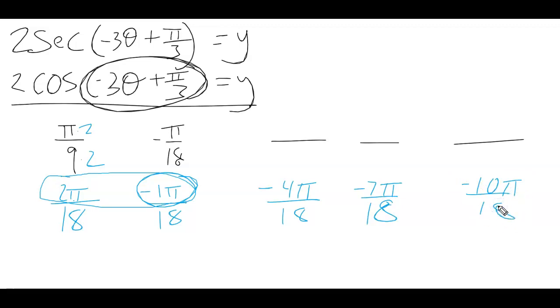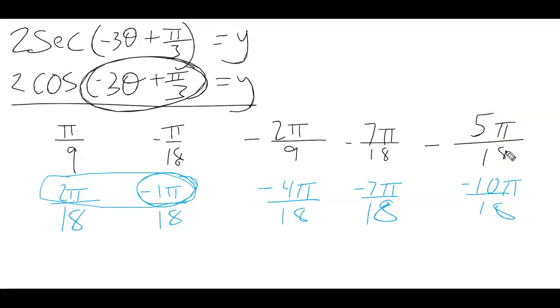And we want to reduce these where possible. Okay, so let me erase here. So 4 over 18 reduces, I'm going to write this in black. 4 over 18 reduces to negative 2 pi over 9. 7 over 18 doesn't reduce, so that's just going to stay the same. But 10 over 18 reduces, and so this is going to be negative 5 pi over 9.